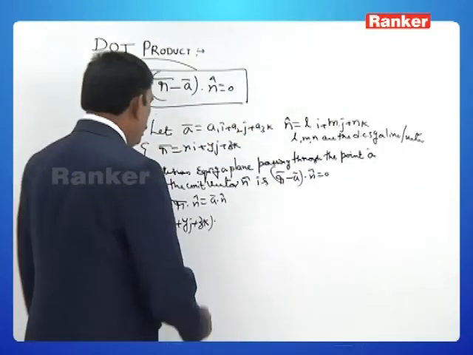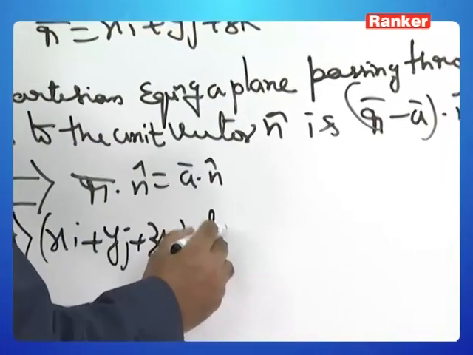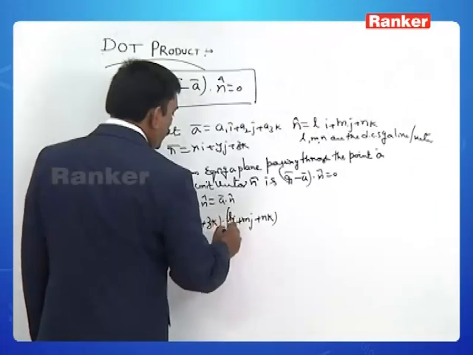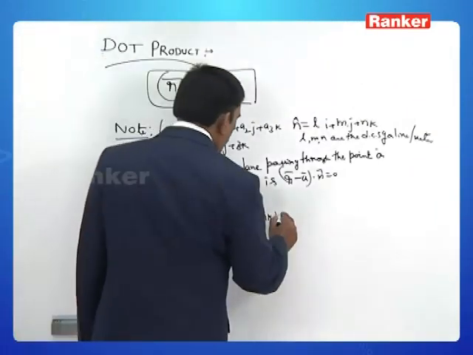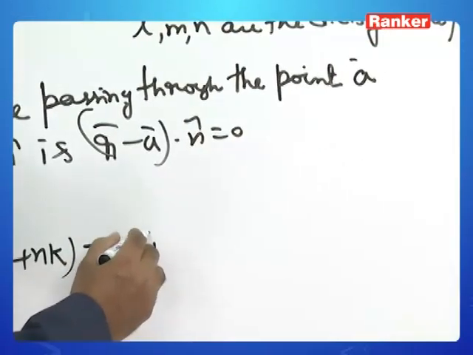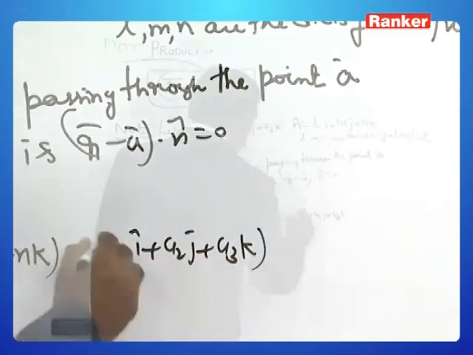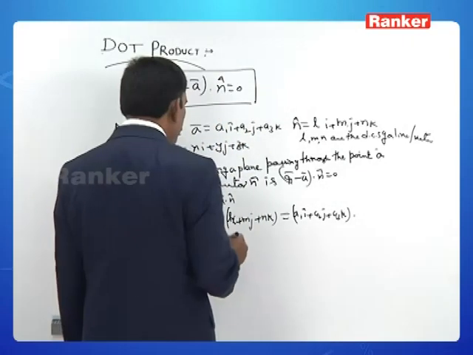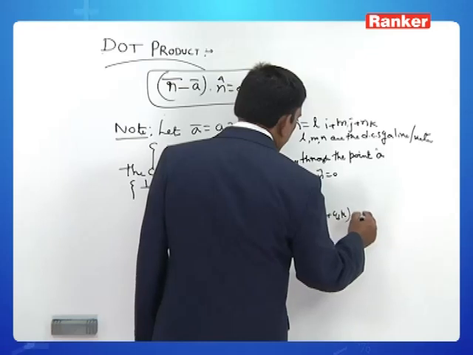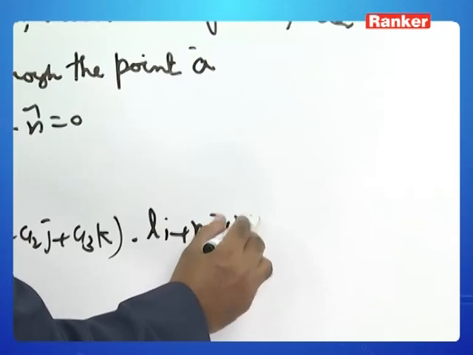Now take the dot product. r bar dot n cap is x i plus y j plus z k dot L i plus M j plus N k, which is equal to A bar dot n cap, that is A1 i plus A2 j plus A3 k dotted with L i plus M j plus N k.